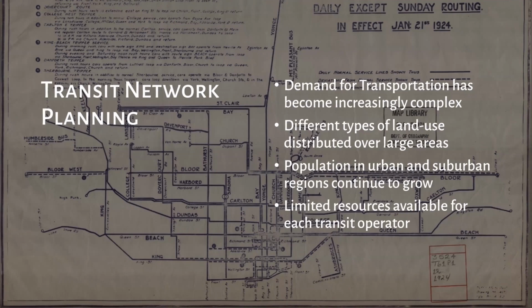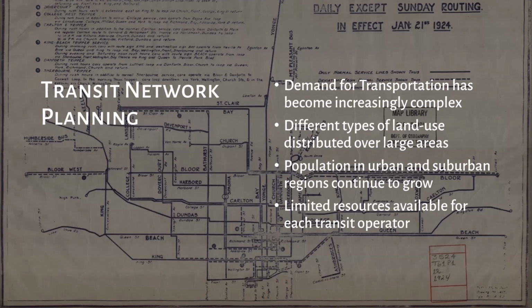So transit network planning, something that we have taken in Professor Sasharabi's course. As demand for transportation has become increasingly complex, transit planning has also become a very complicated task. In the background, you see a transit map from 1924, where all you need to do is really to design routes from downtown to where people live and from where people live to factories.